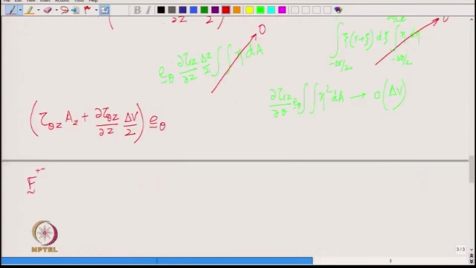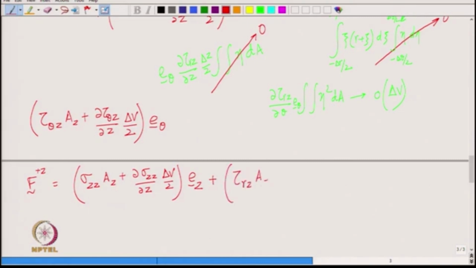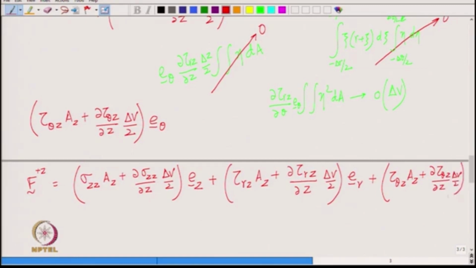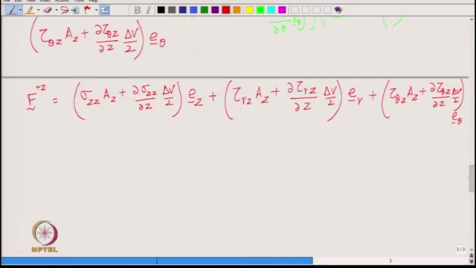Force on positive z plane is equal to sigma z z A z plus del sigma z z by del z into delta v by 2 times E z, plus tau r z A z plus del tau r z over del z into delta v by 2 times E r, and then the last one, plus tau theta z A z plus del tau theta z over del z times delta v by 2 into E theta. So, that is the force on positive z plane.